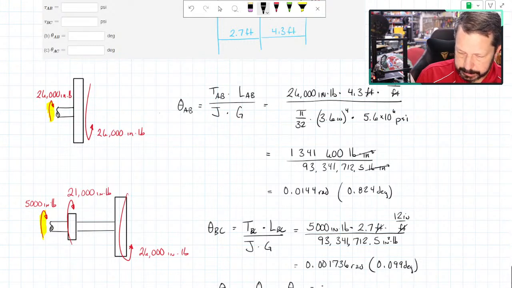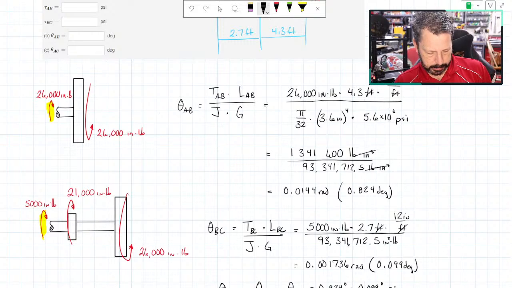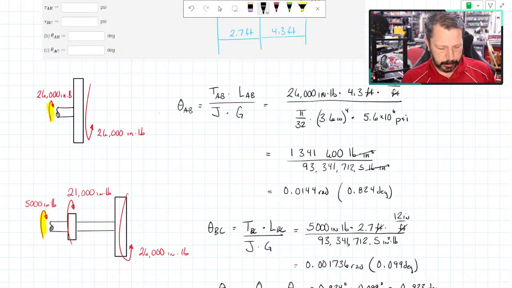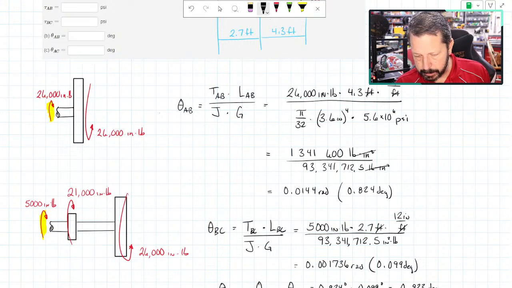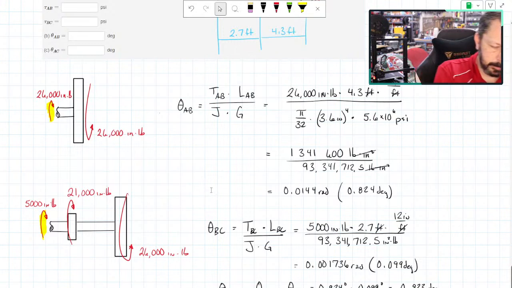So 0.824 degrees plus 0.099 degrees equals 0.923 degrees. WebWork says 0.933. So we're off by a tiny bit, again, from rounding. It's not a calculation problem, it's just a rounding problem.